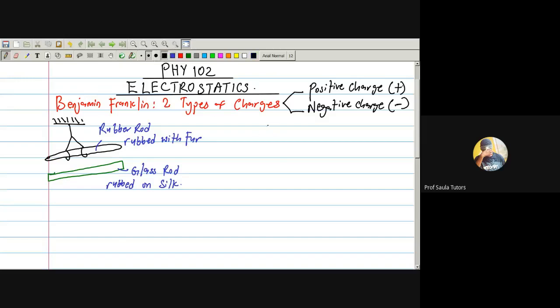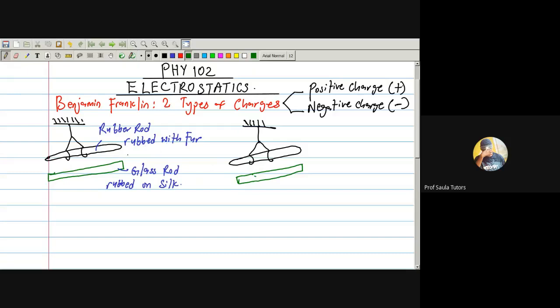Now, let me quickly sketch what we have on this other side also. We have a rubber rod like this, the same rubber rod that has been rubbed with fur.